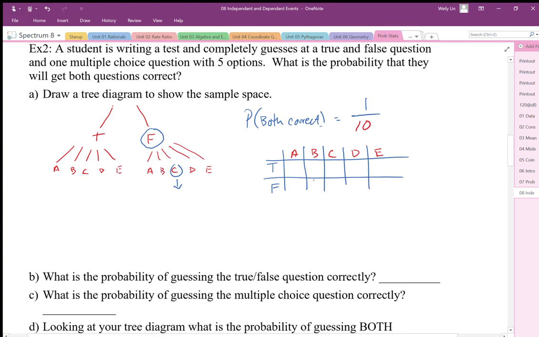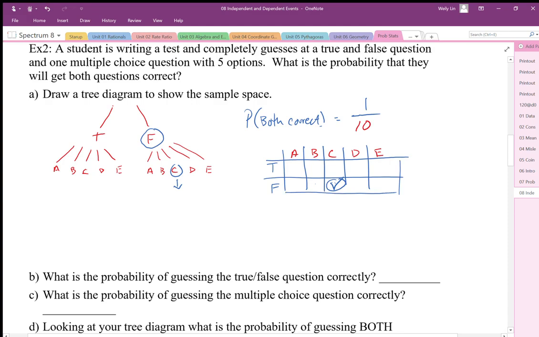So the question that is both questions correct is just that one there. We just kind of arbitrarily said it was false and C was correct. So 1 out of the sample space, which shows 10 options.